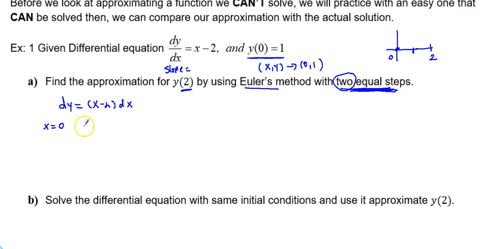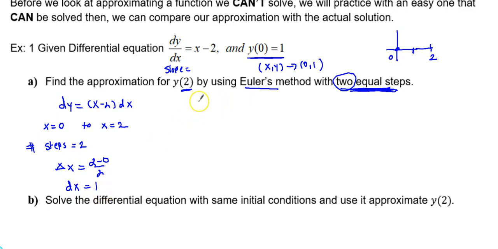You are at 0, you have to go to 2, which means the number of steps is 2, and my delta x will be (2 minus 0) over 2. That means my step size is 1. Sometimes it's very obvious, but I'm still showing you the process here: delta x, dx, the step size is 1.